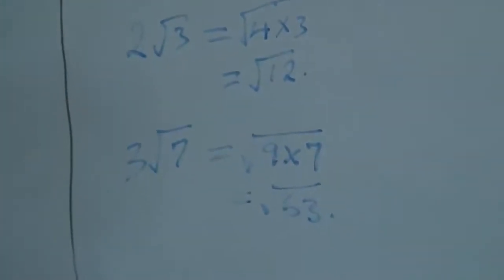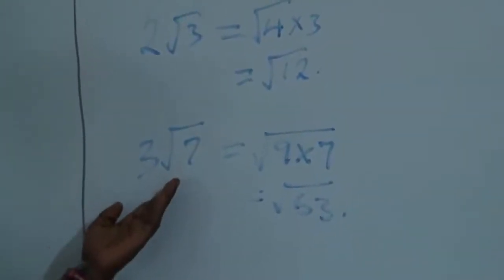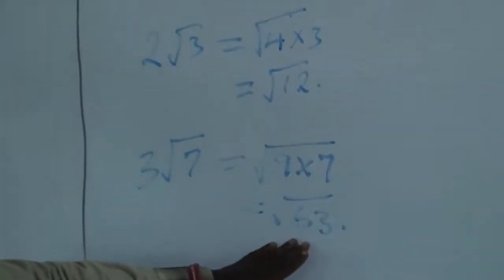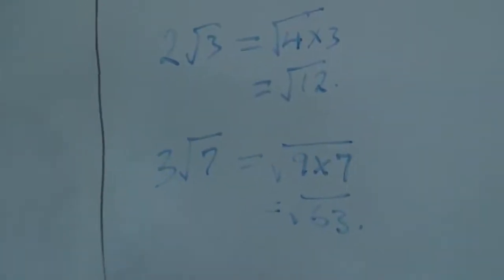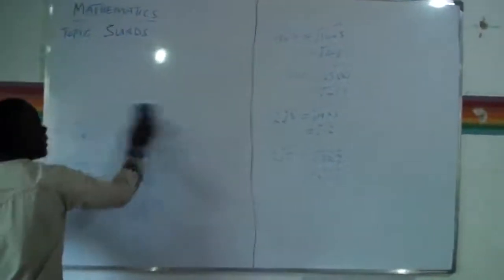That is just how you take the reverse of changing from basic form to the root of a single number. With this understanding, we will now proceed to how you can add and subtract surds.